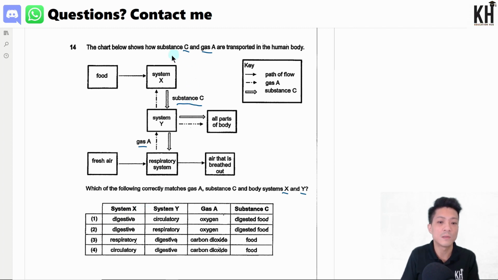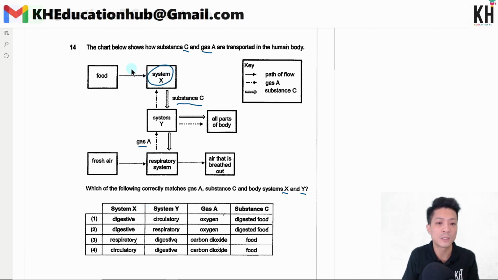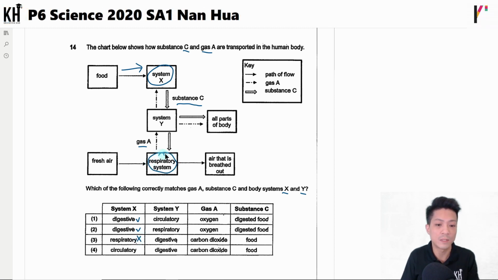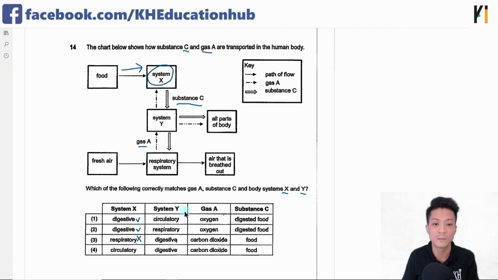Let's take a look at System X first. Food goes in, so probably it's the digestive system. I don't think it's the respiratory system because there is a respiratory system over here. Circulatory, I'm not sure, so I'll just leave it alone.